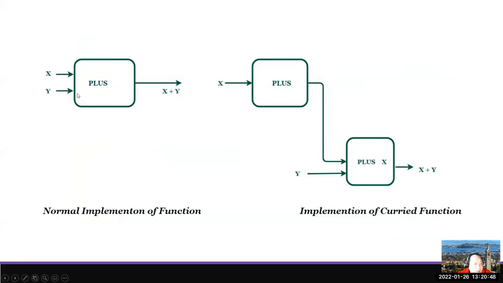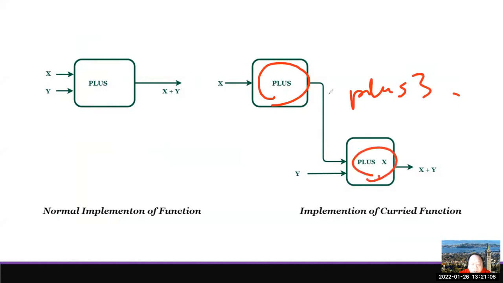So you can have a traditional way that you pass in x and y. You can have the so-called add function or plus function, create a function called plus 3, and you use the plus 3 function to get another parameter. This is the curry implementation.